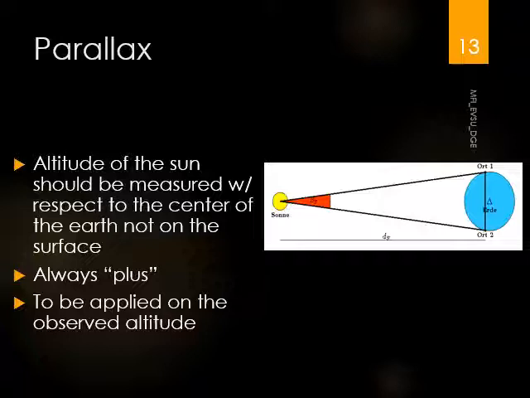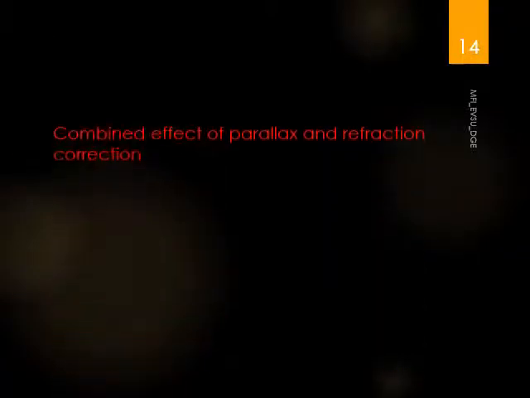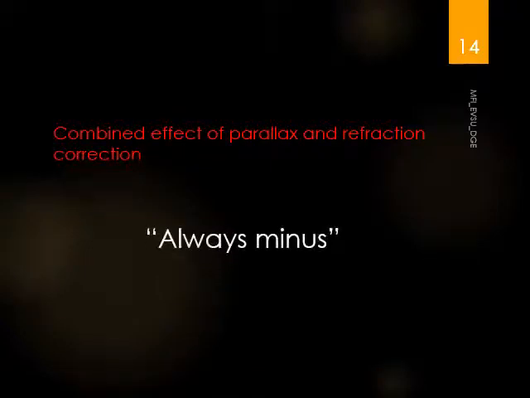We need to apply parallax correction, in which yung parallax natin is always plus. It is applied sa na-observe nating altitude. If we are going to combine the correction for parallax and refraction, the correction is always minus because refraction is much larger than the parallax.